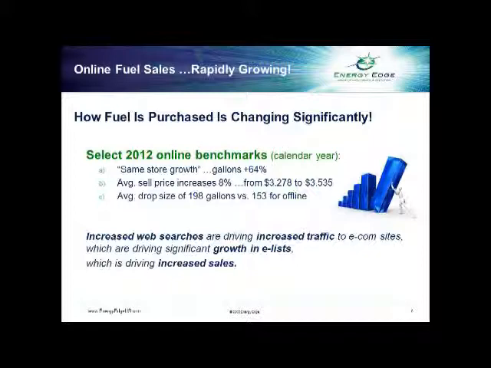Organic search comes from organic search phrases based upon the way your site is structured, and there will be some cost to that with your search engine optimization, but not nearly the cost of other paid results. So good news there, certainly all around in terms of what's going on with fuel oil purchases on the internet.